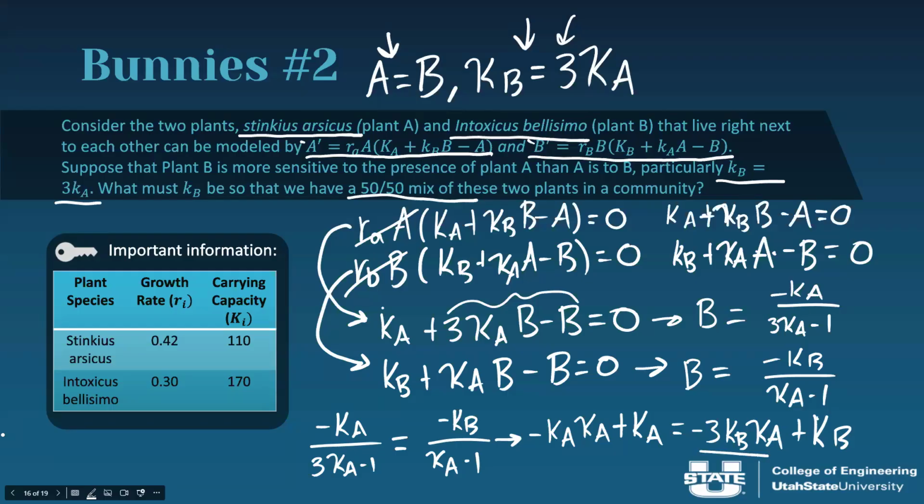So I'm going to move this one over to this side, and subtract this Ka over to that side. So I get 3 Kb kappa A minus Ka kappa A is equal to, I'm running out of room.